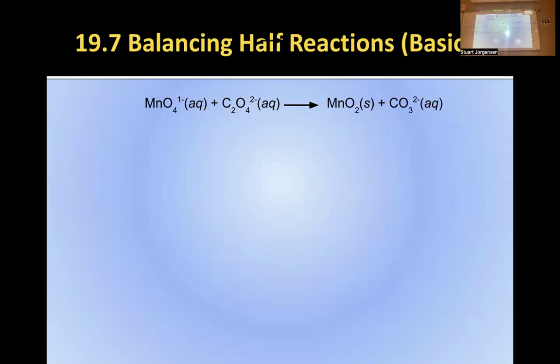They're about the same, aren't they? I'm going to leave this one. I'm going to just pull over my reduction so I can add them together. I got 2 MnO4 minus plus 6 e minus plus 8 H plus going to 2 MnO2 plus 4 H2O.